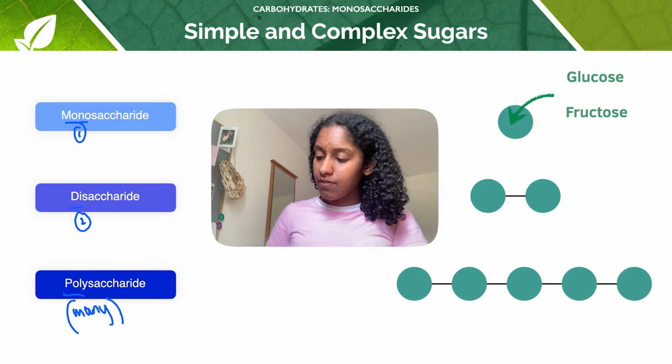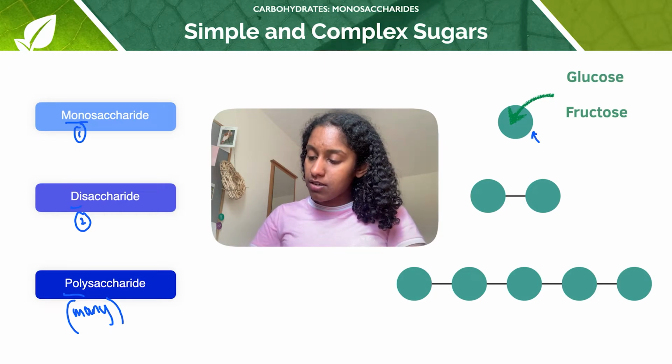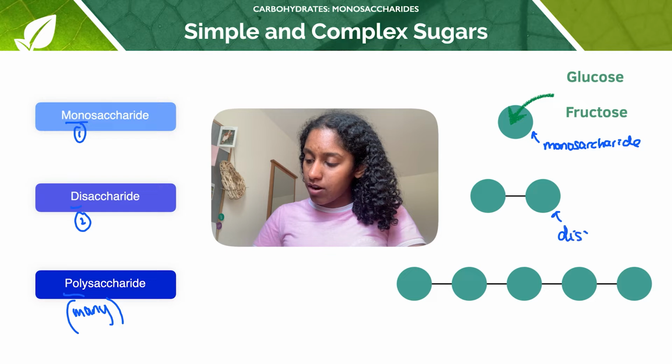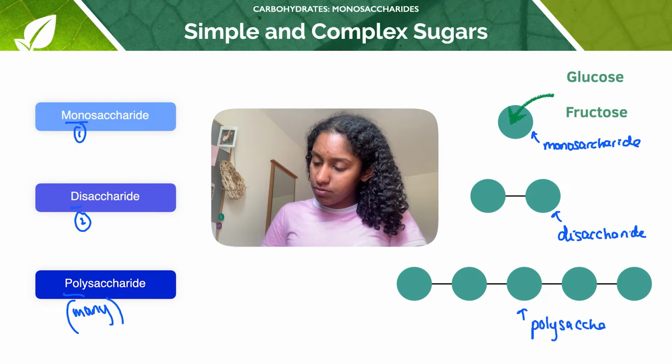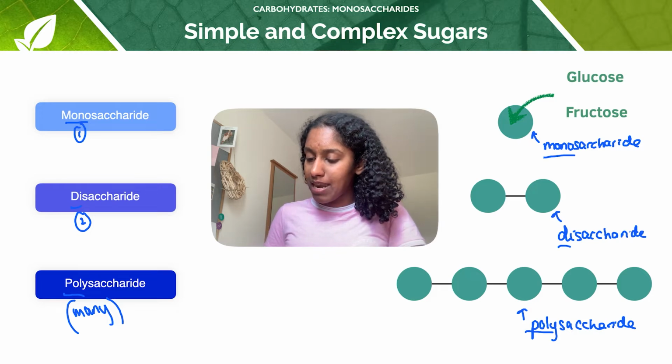Because this over here is a monosaccharide, so a single unit, or a monomer. This over here is a disaccharide, and this over here is a polysaccharide. So remember one, two, many.